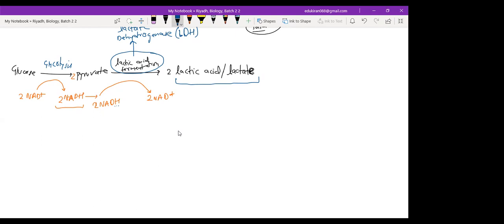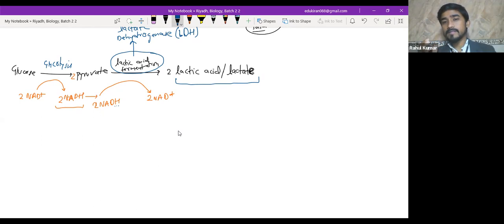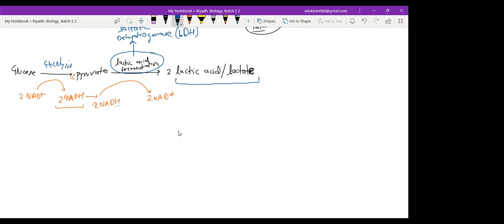So basically what happens is this lactate, which is formed in the muscles, is transported back to the liver, where it is converted back into either glucose or pyruvate, both of which are useful to us, right? Yes, sir. So write down few points.